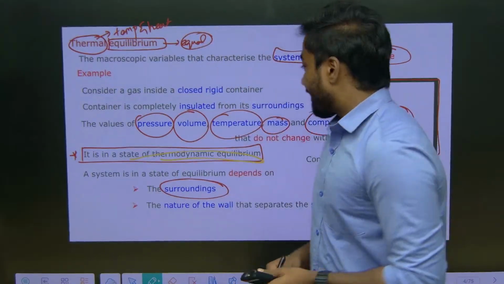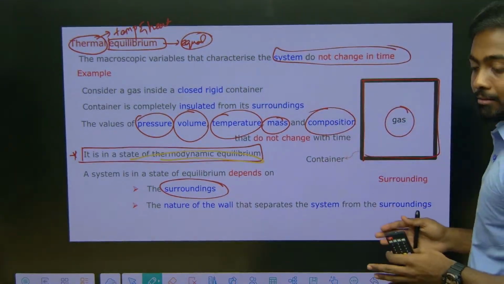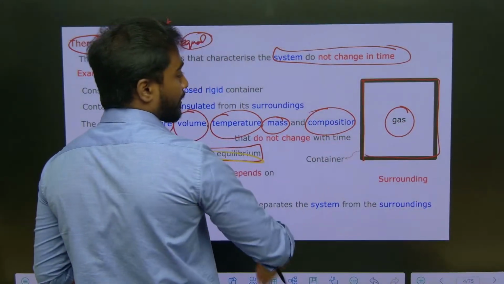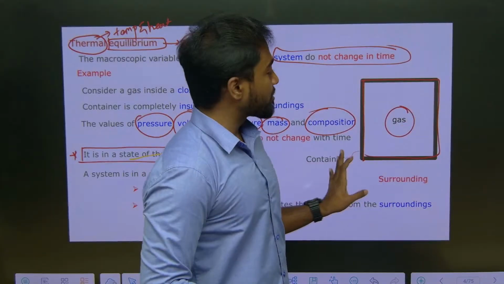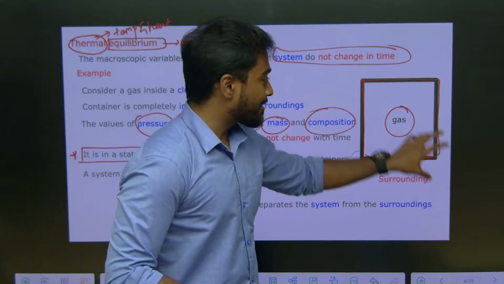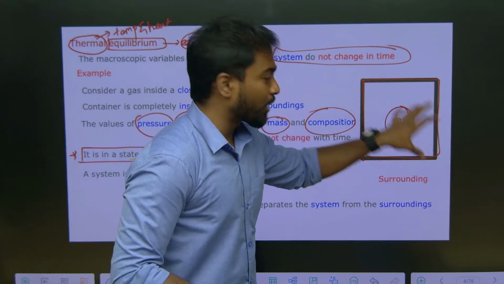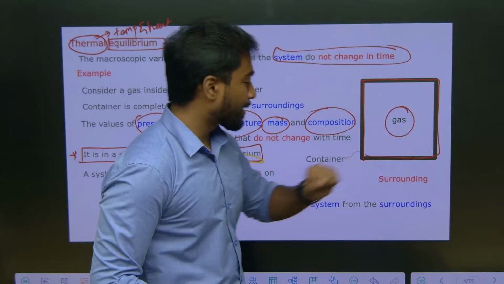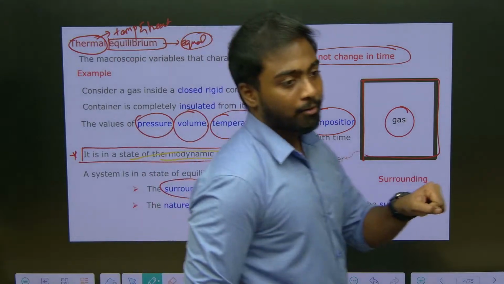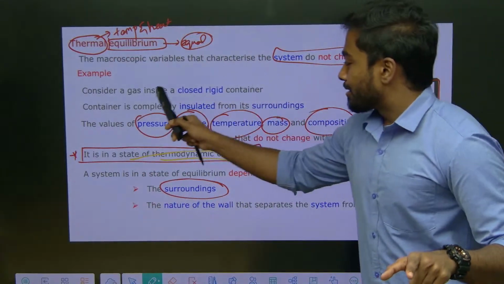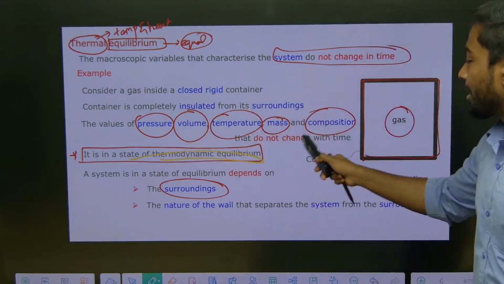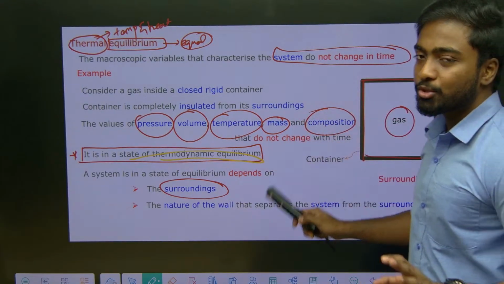Here the gas is the system, and the container is the boundary, which keeps the gas in a safe place and keeps it from being affected by the surrounding. I hope you are clear about the meaning of thermal equilibrium: nothing changes in pressure, volume, temperature, mass and composition with time.